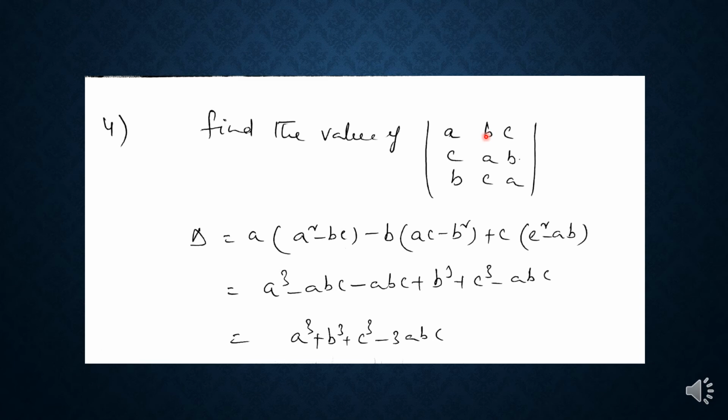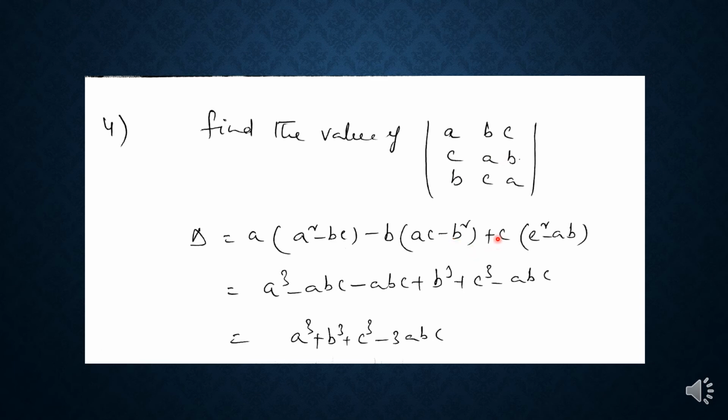Here we get minus 1 whole to the power of 1 plus 2, that is minus 1 whole cube, which equals minus, into its minor. By deleting this column and this row we get C, B, B, A. So the determinant of C, B, B, A is A into C minus B into B square.